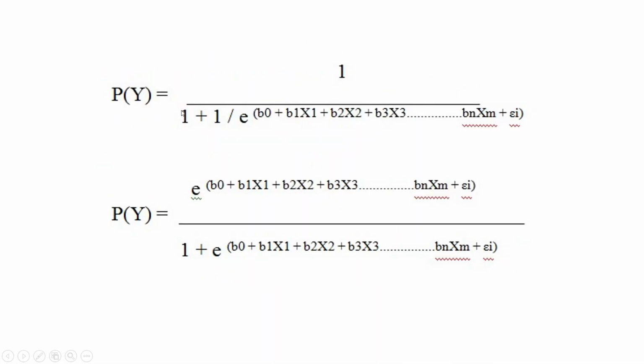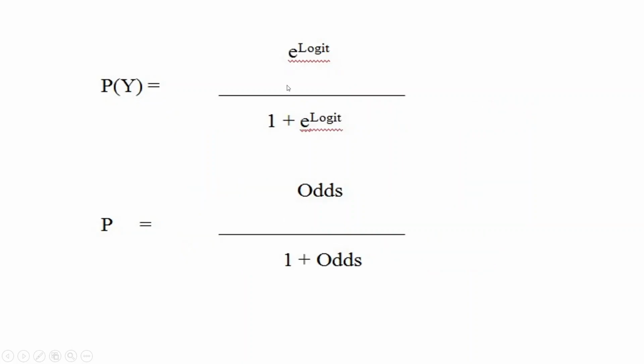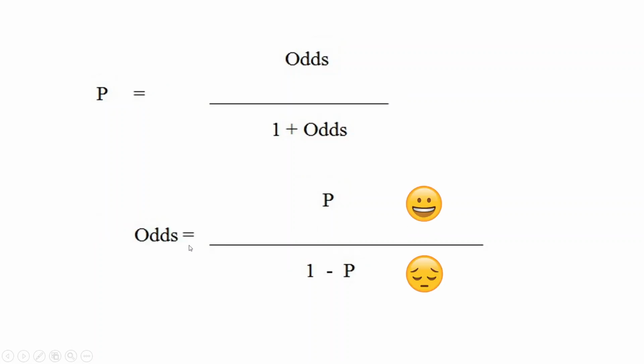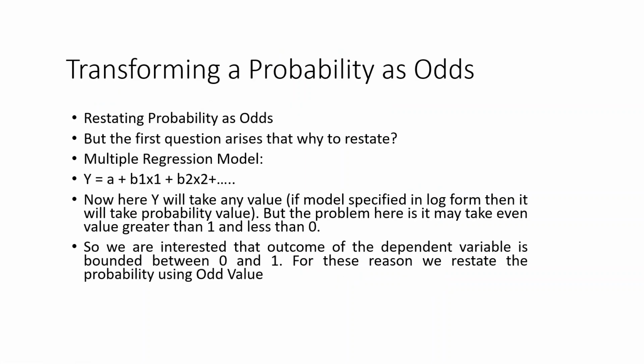When I simplify it, I get e raised to the equation upon 1 plus e raised to this equation, and if I rename it, it is e^logit upon 1 plus e^logit. So e^logit is odds upon 1 plus odds. When I make this a function of odds, odds is equal to p upon 1 minus p, the probability of success divided by the probability of failure. It's the same thing which we got in our previous slides.